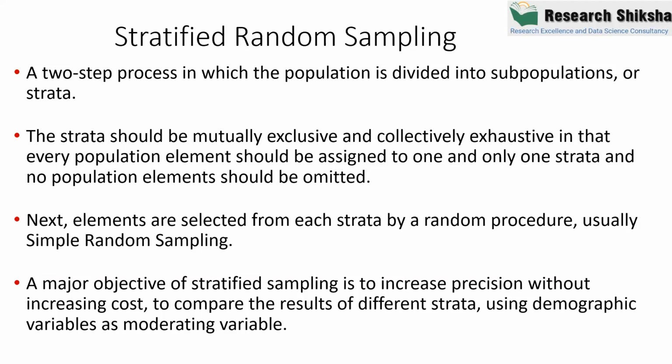We can divide the population into male and female, or young, middle, old people, or on the basis of designation, like junior managers, senior managers. After dividing the population into different strata, we apply some random sampling. So this method is called stratified random sampling.